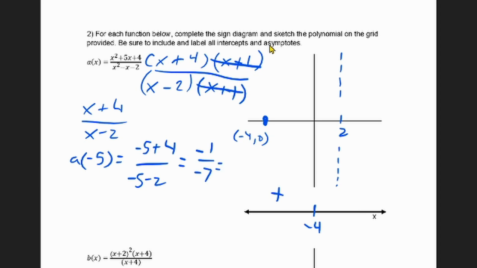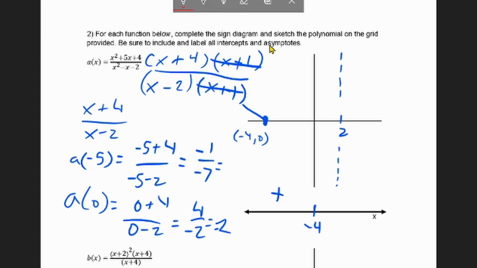So everything to the left of -4 is going to be positive. And then we can test everything to the right of -4. So we can do 0, and that will be 0 plus 4 over 0 minus 2, and we'll get 4 over -2, which is -2.